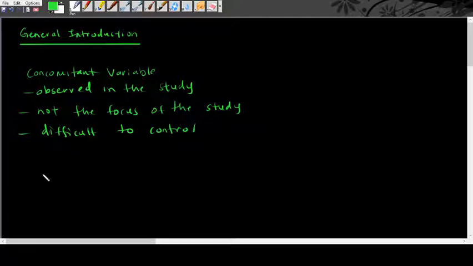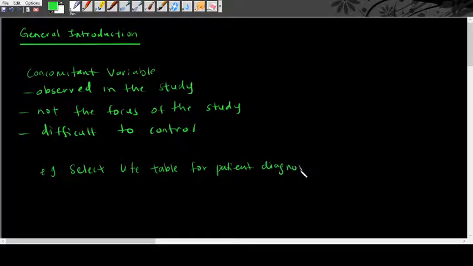Let's look at an example. When constructing select life tables for patients diagnosed with breast cancer, you may have primary variables and also concomitant variables.